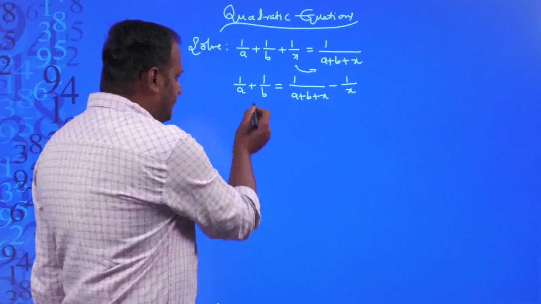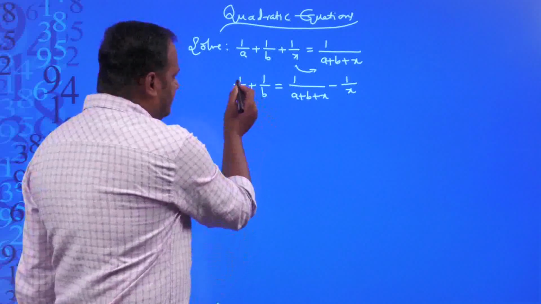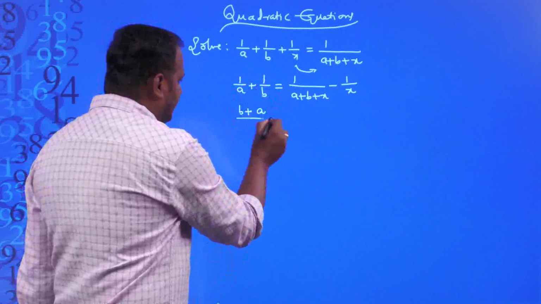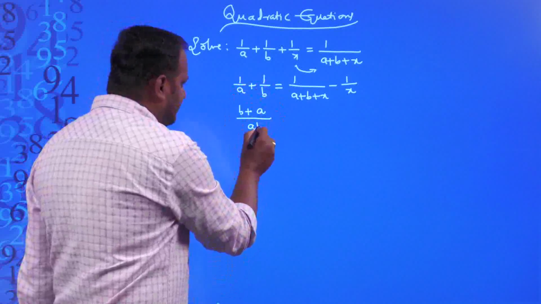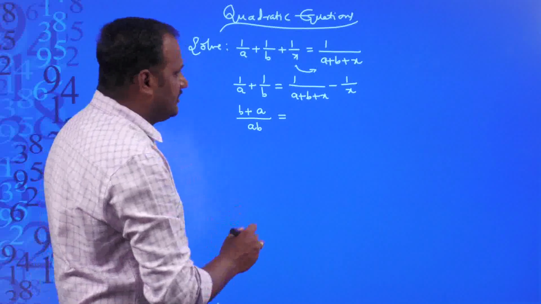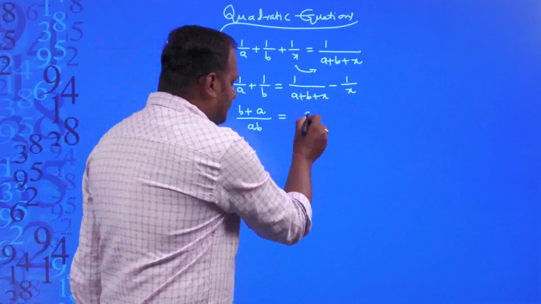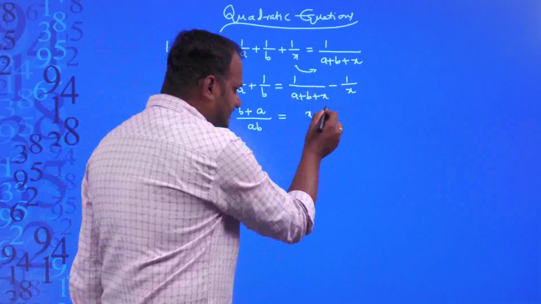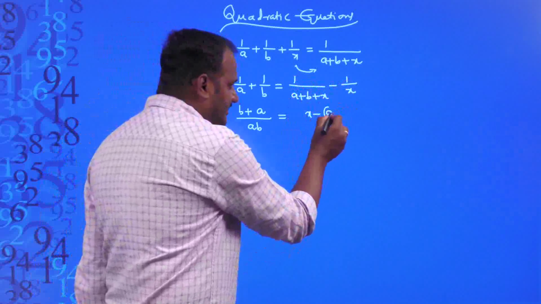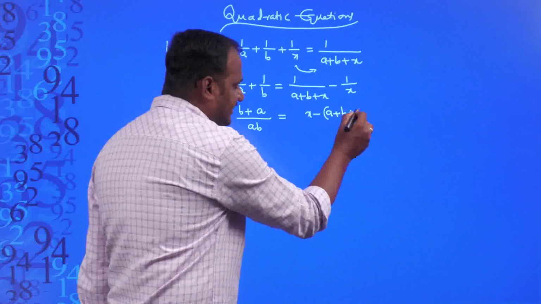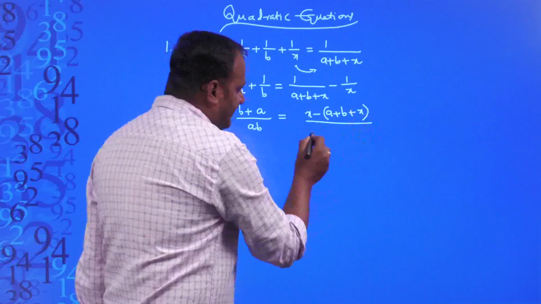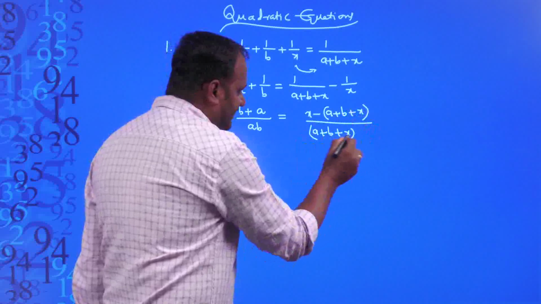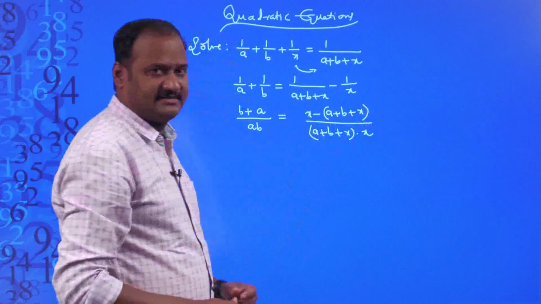And then if you find the LCM here, b into 1 is b plus a into 1 is a, divided by a into b, which is ab, is equal to x into 1 is x, minus 1 into a plus b plus x. Since minus is there, definitely you will have to keep a bracket, a plus b plus x whole, divided by a plus b plus x multiplied by x, right?